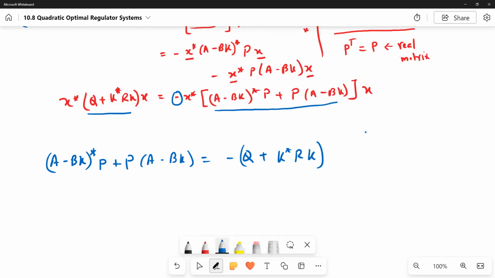Because we have prepared this equation for some time, we call this equation A.